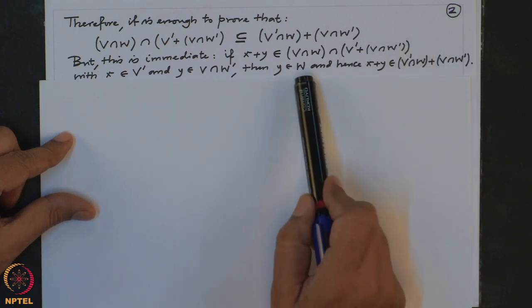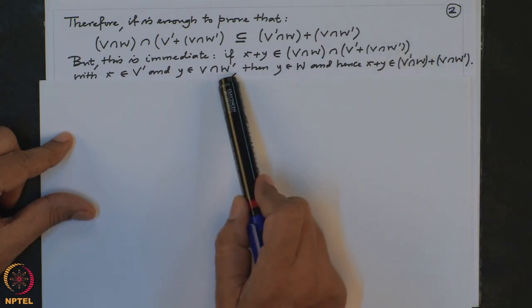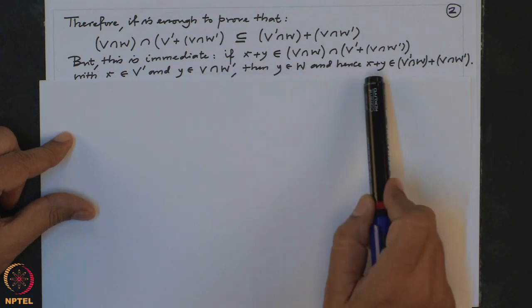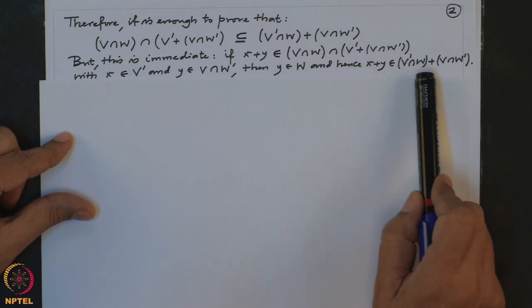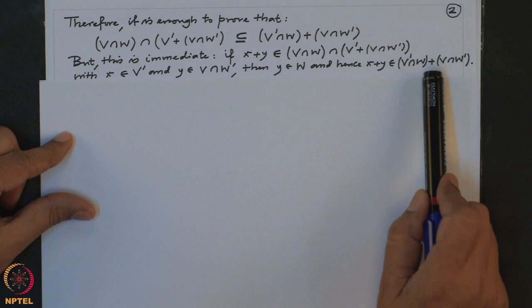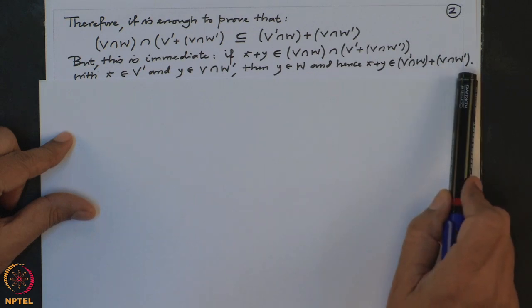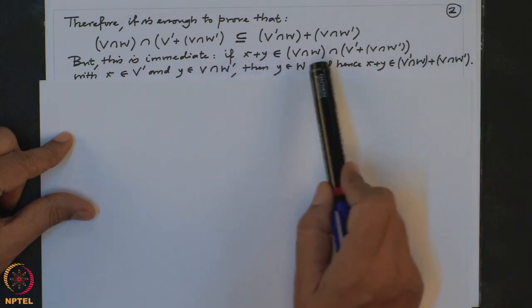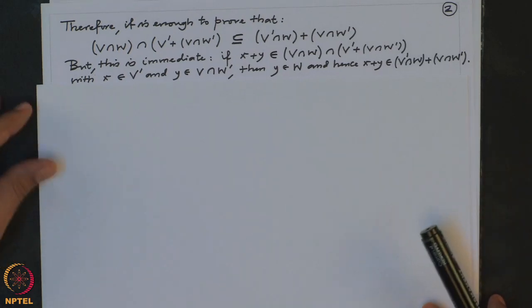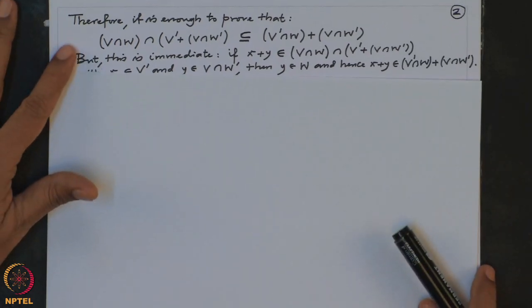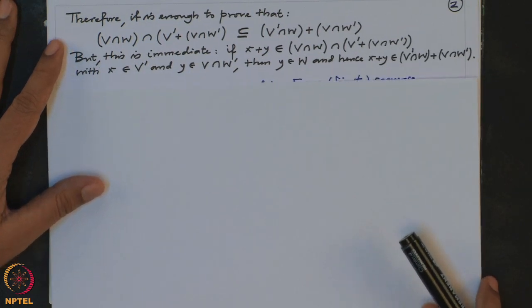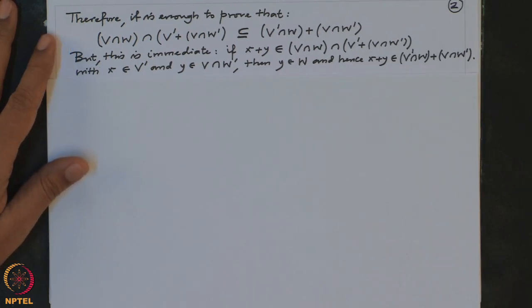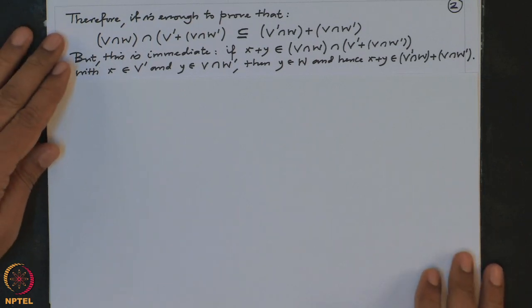Then y is in W because W prime is a subset of W. So, y is in W, and therefore x plus y is in V prime intersection W plus V intersection W prime, because that's obvious. So that proves the kernel is 0, therefore the map is an isomorphism, and therefore it proves Zassenhaus's butterfly lemma.